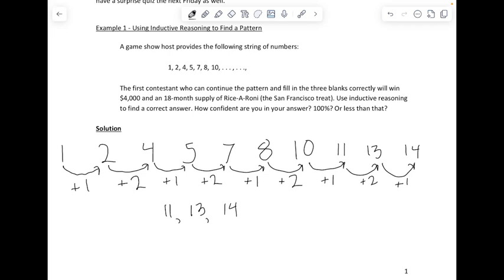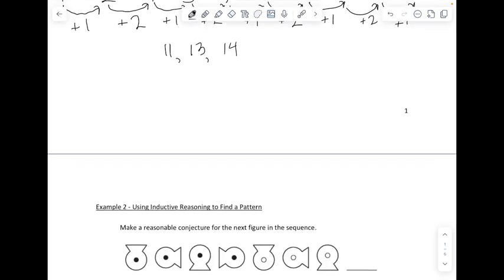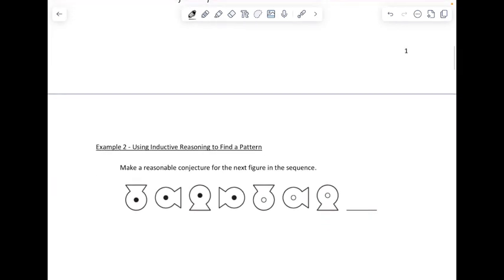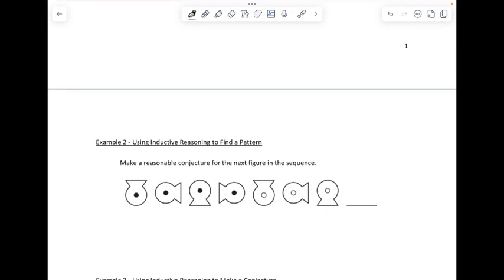Let's do another example. This time, instead of using a sequence of numbers, we'll use a sequence of pictures. So we want to make a reasonable conjecture for the next figure in the sequence. So let's take a look at what we observe here.